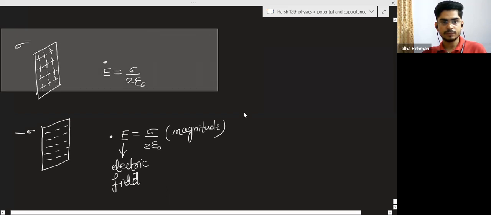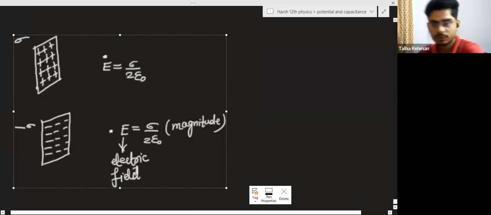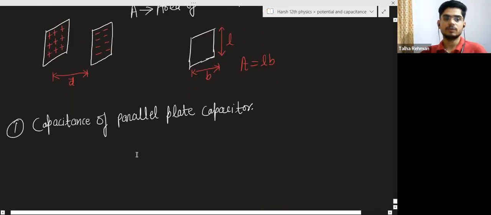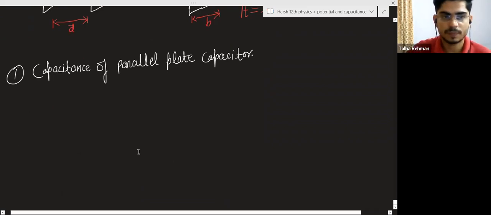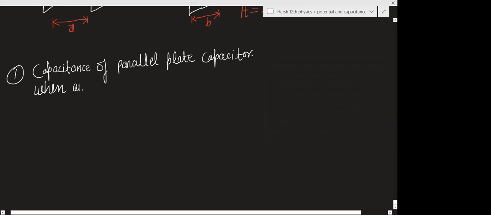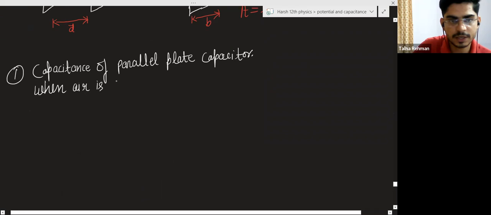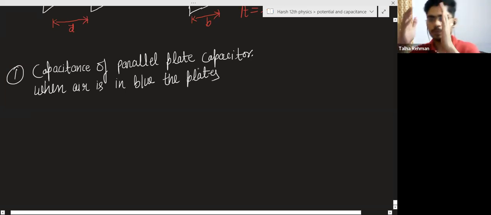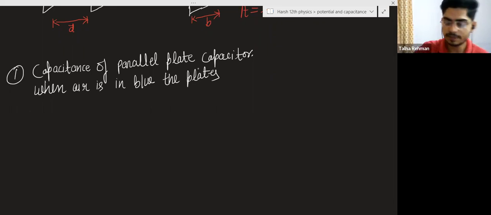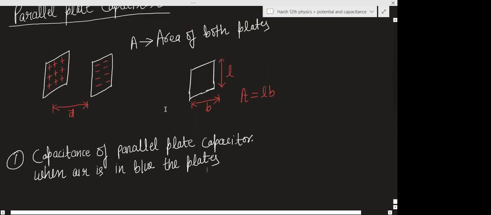There are many other ways to remove this. When air is in between the plates. Now these are two parallel plates, and there is air in between the parallel plates, or vacuum.